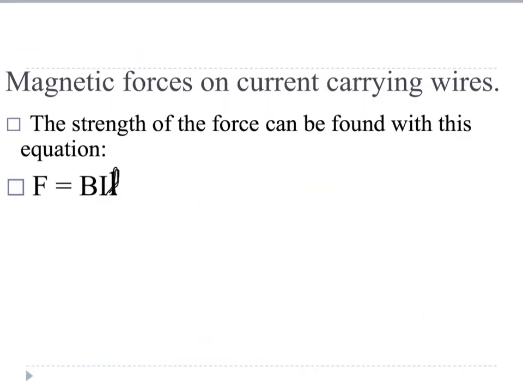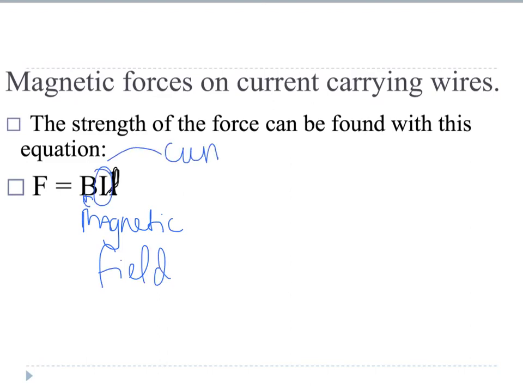When we're doing this, we can also calculate the strength of that force, and it uses this equation where force equals magnetic field. This is the magnetic field, B. I is current. And this is supposed to be a lowercase l, but it looks kind of funny on this screen.